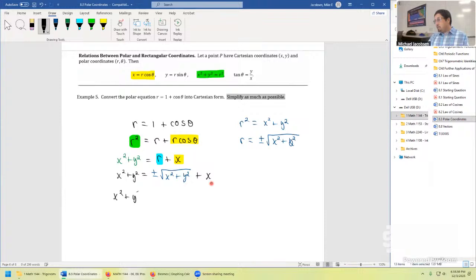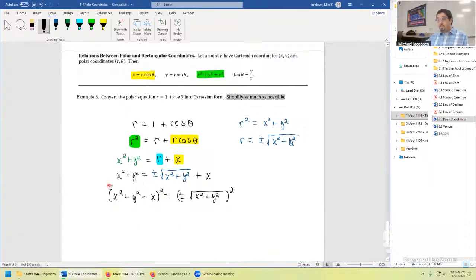X squared plus y squared minus x is now plus or minus square root x squared plus y squared. Now we can raise both sides to power 2. It makes the left-hand side a little bit more complex. We won't FOIL it out.